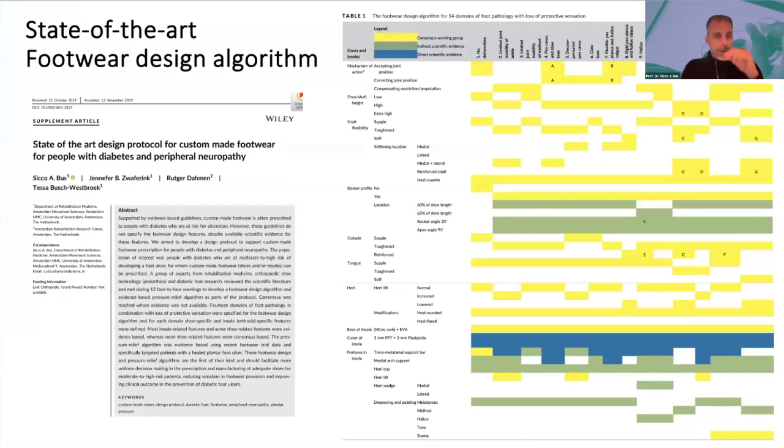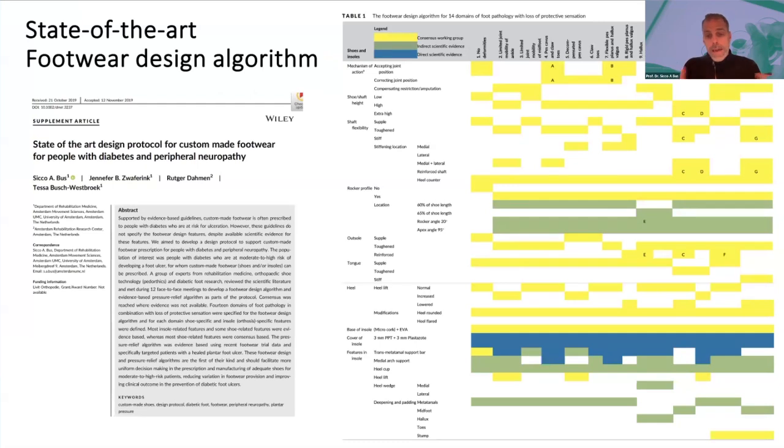And all this biomechanical knowledge that we have about footwear can be entered in what we call a state-of-the-art footwear design algorithm that we developed with a multidisciplinary team of rehab physicians and shoe technicians or orthotists or podorthists, as you call them, and also scientists.